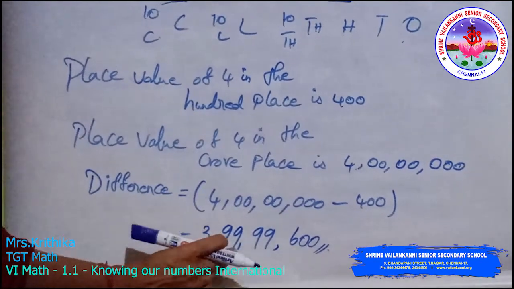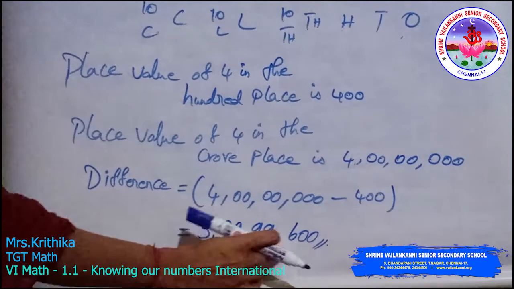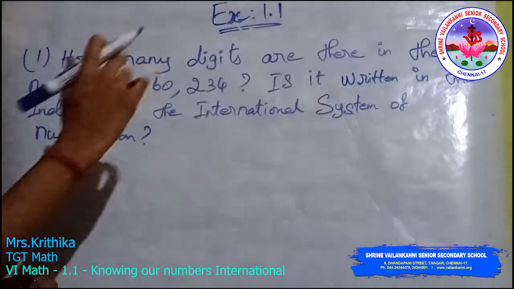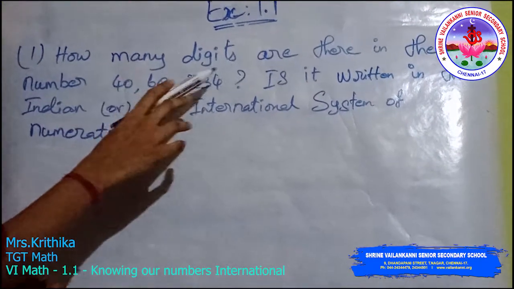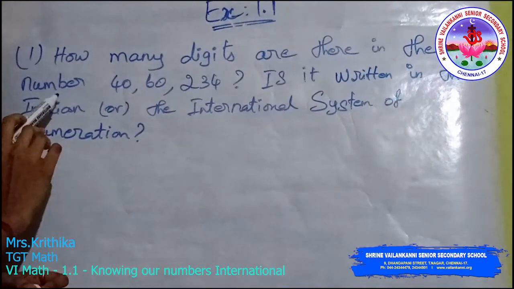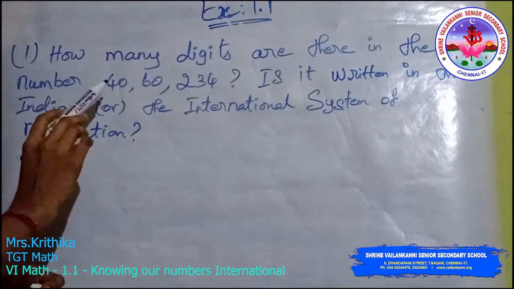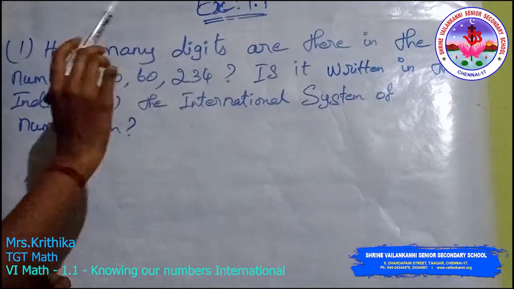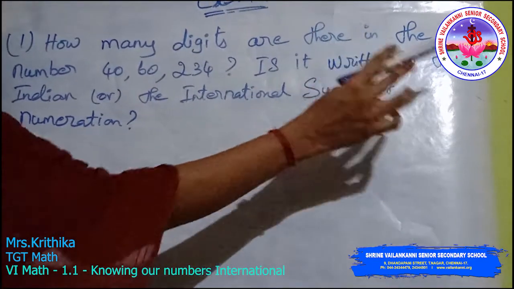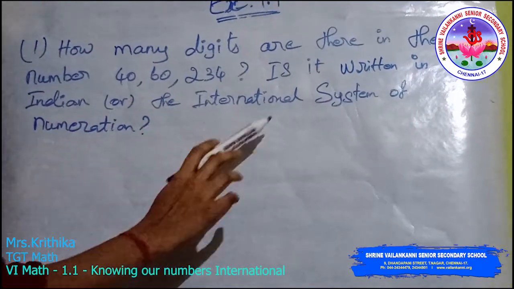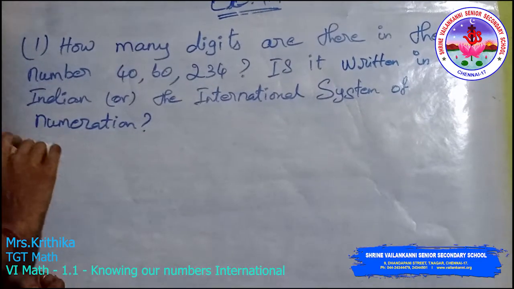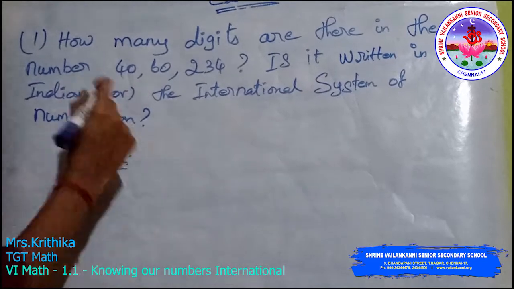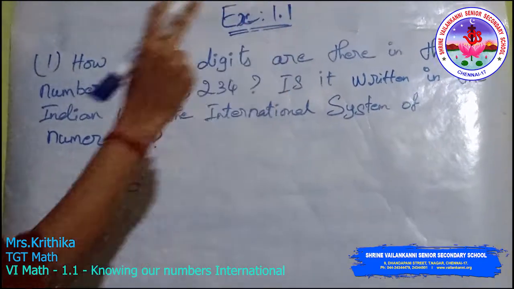Exercise 1.1. First question. How many digits are there in the number 40 lakhs 60,234? Is it written in the Indian or the international system of numeration? Solution. First one is, how many digits are there in the number? There are 7 digits.